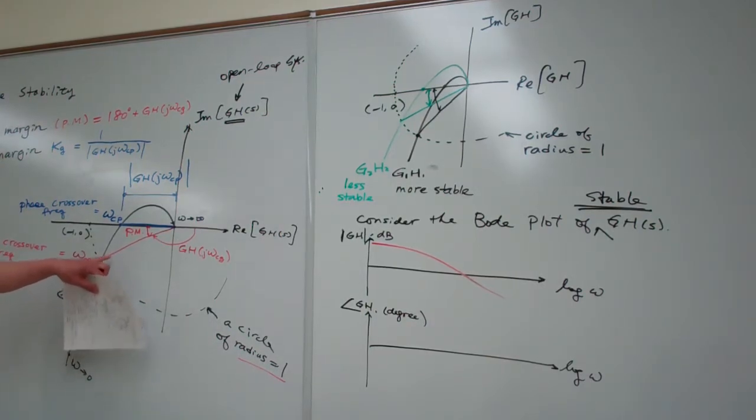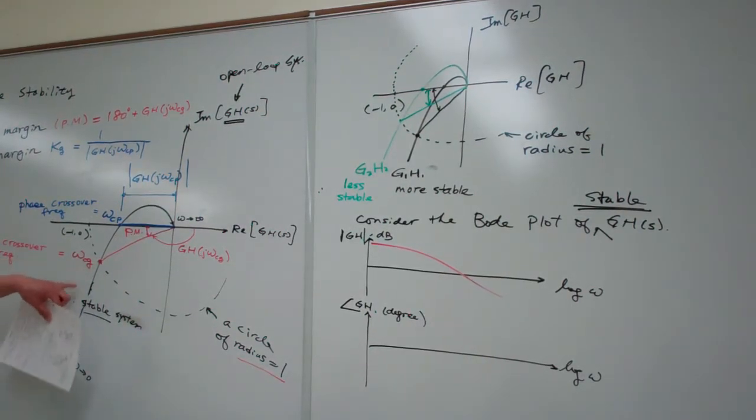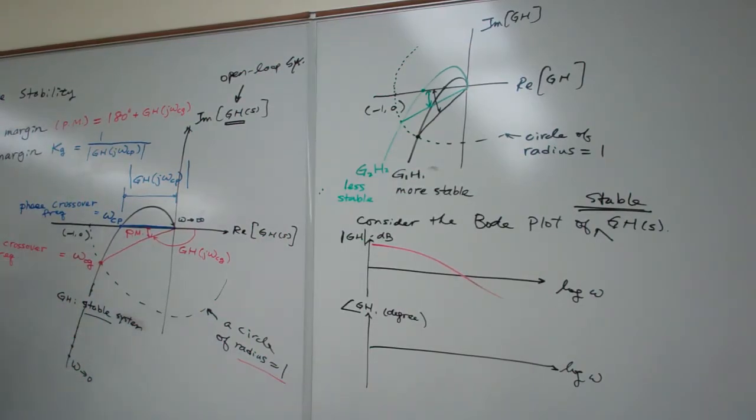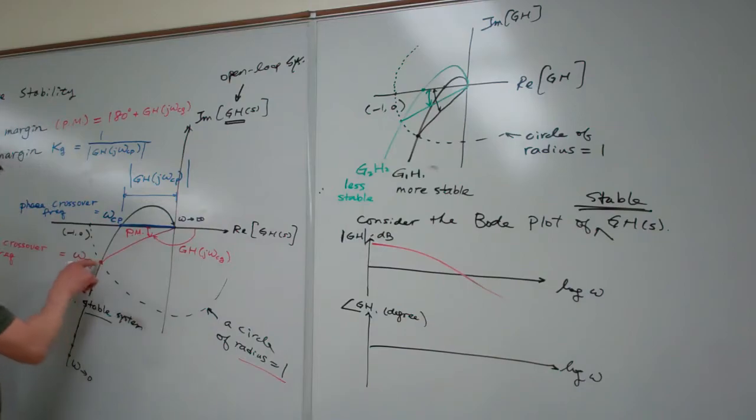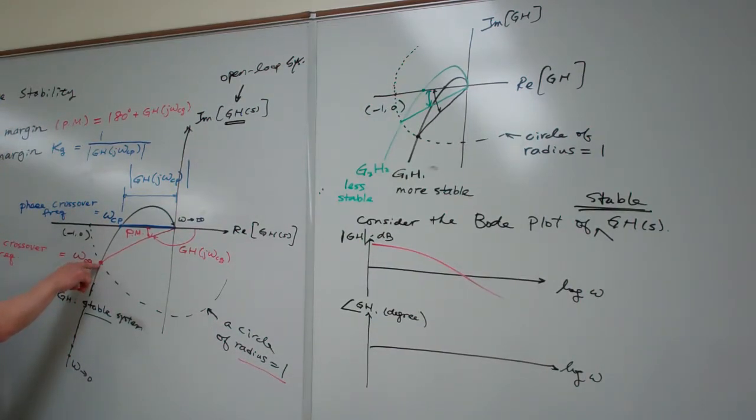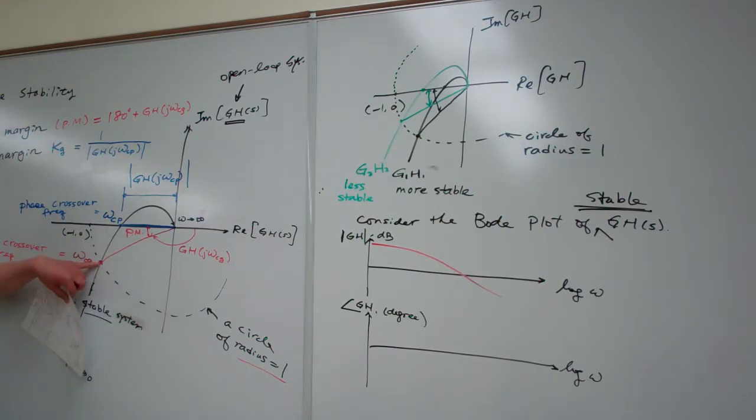For this plot, how to define the phase margin? Phase margin is the angle of the plot at these frequencies, right? And what is that frequency? This frequency happens when magnitude equals 1.